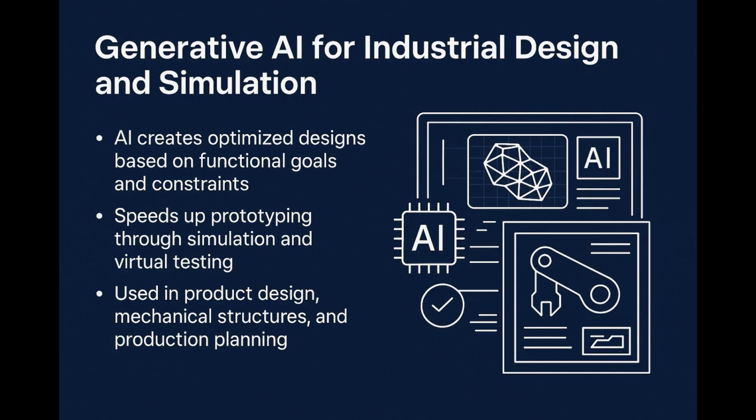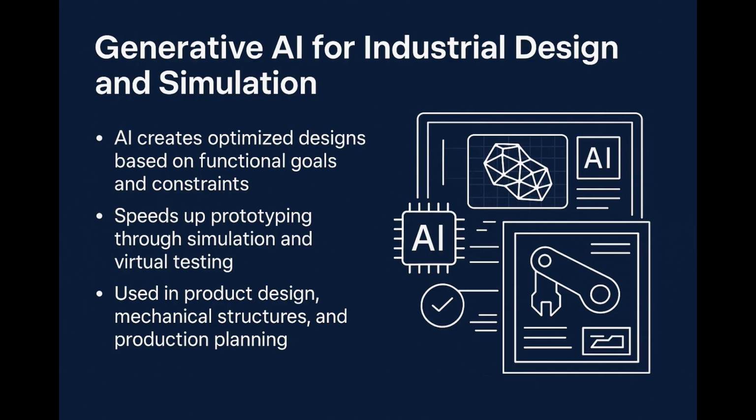These designs can then be tested virtually using physics-based simulation tools, significantly speeding up the prototyping process and reducing physical waste. In automation, generative AI also helps design optimized control strategies, floor layouts, and even robotic motion paths.